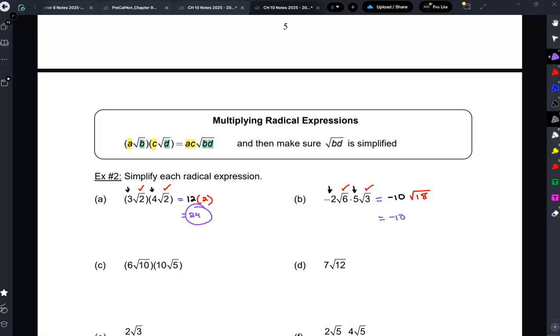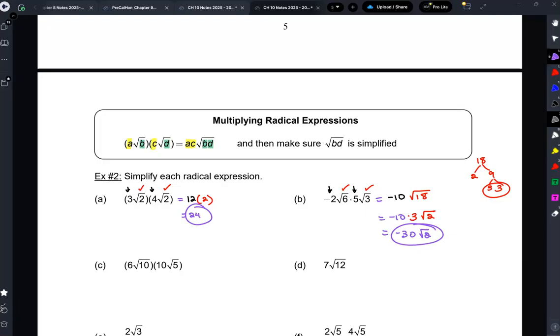So this is negative 10 times, let's see what 18 is. 2 times 9, 3 times 3. So what comes out? A 3 comes out. What stays in? The 2. So I have negative 30 root 2.